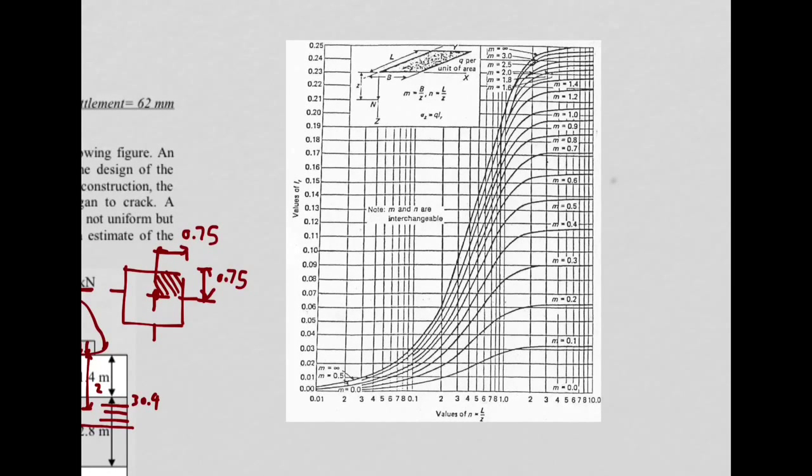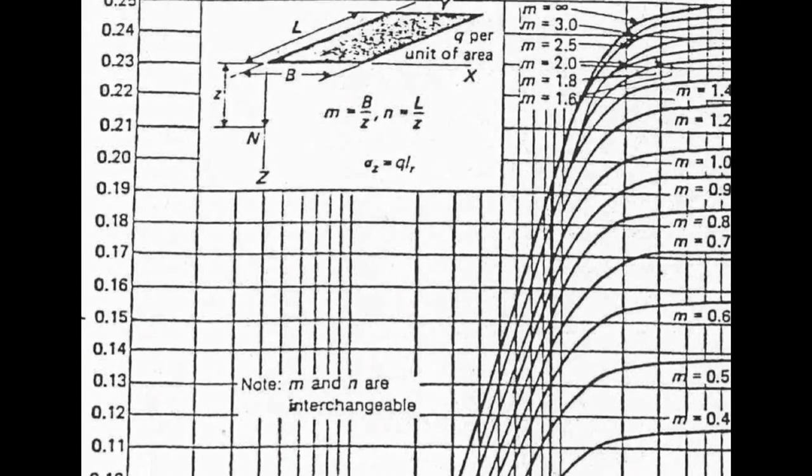So you should determine what we call m and n, which is the width or the length divided by Z. For every sublayer we have a different Z, so we get different m and n. So you come here, determine n and m, and you get the influence factor. Once you get the influence factor, you multiply this by the q.